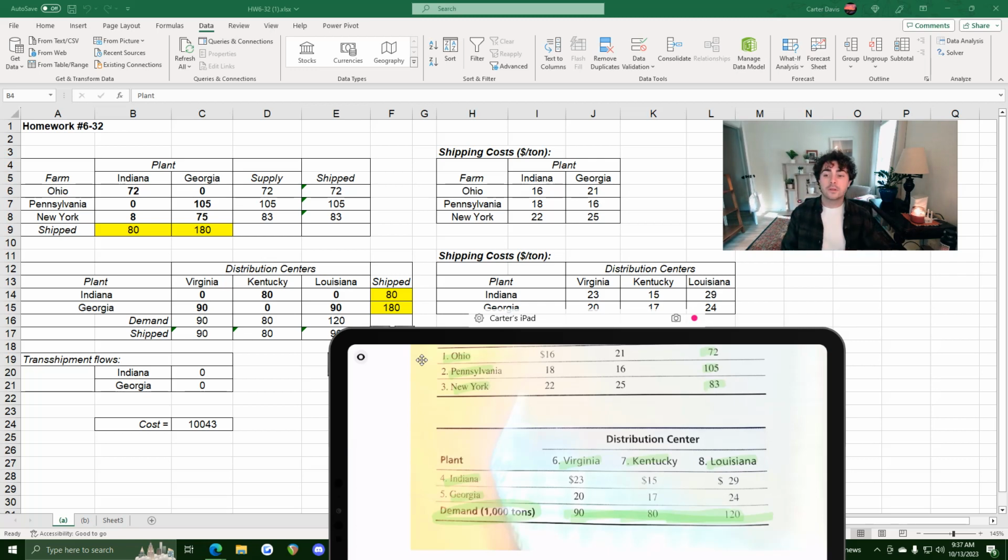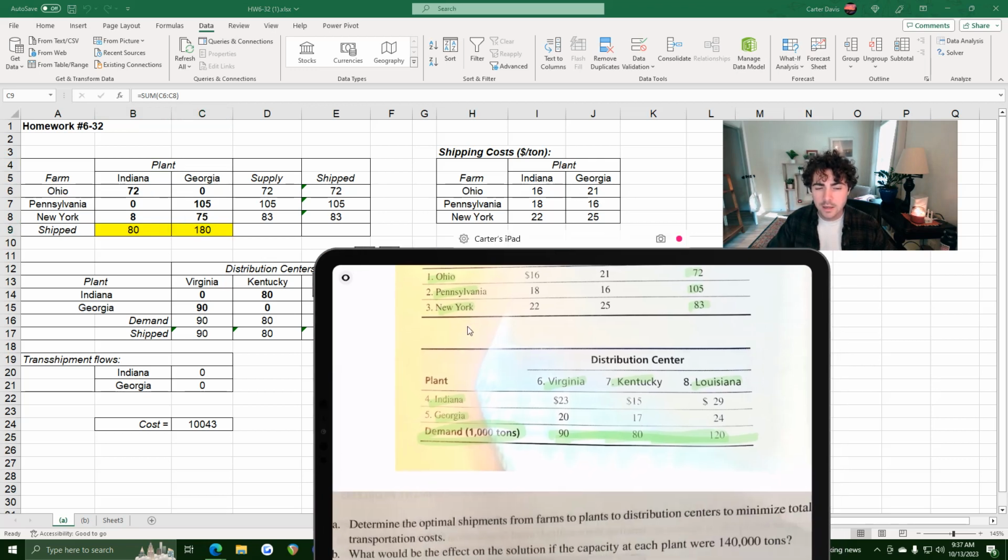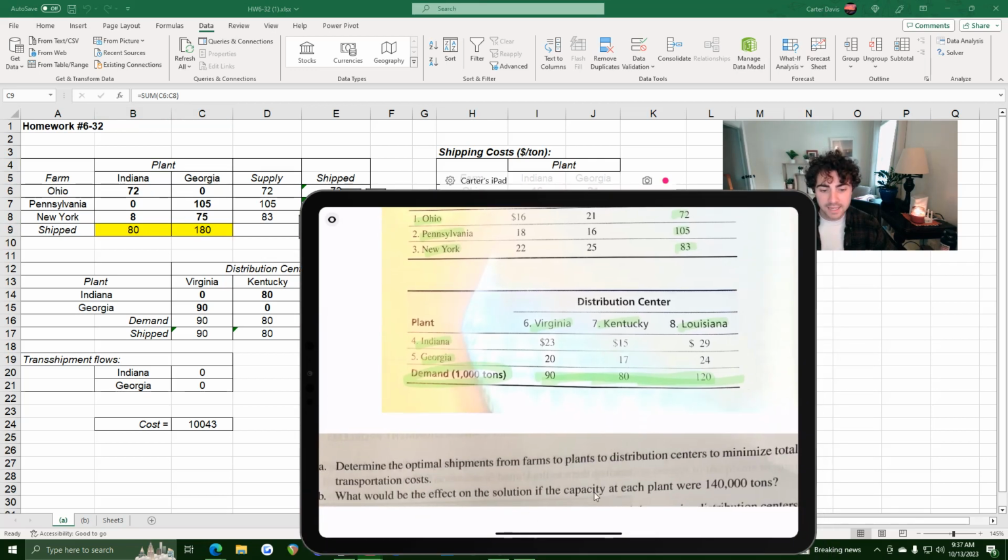Keep in mind, these are in 1,000 tons. So if the plants originally got 80, they were really getting 80,000 tons. And if they got 180, they were getting 180,000 tons. So I think what they're saying is, if the max that each of these plants could have received was actually 140, then this 180 would have to be chipped down a little bit, right?